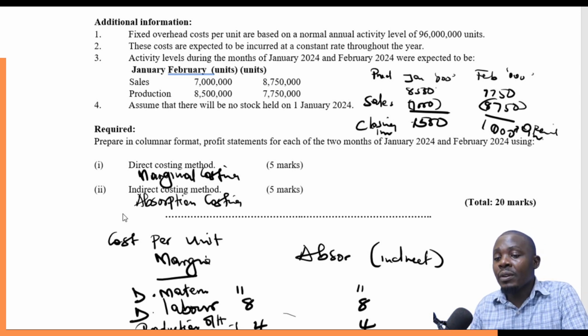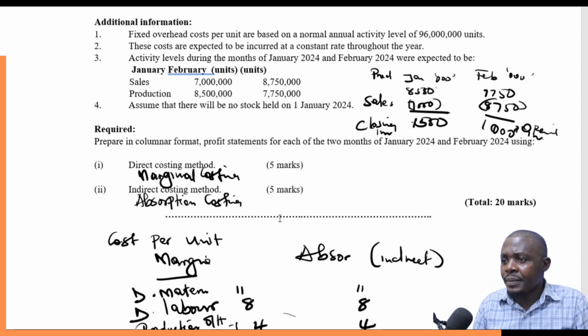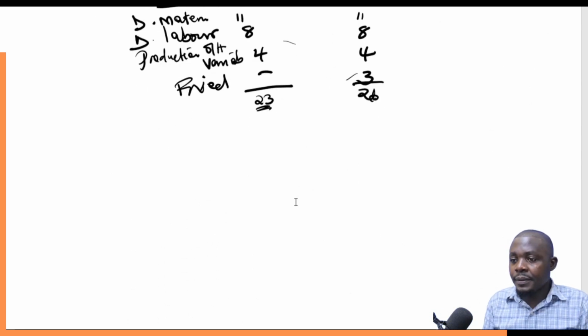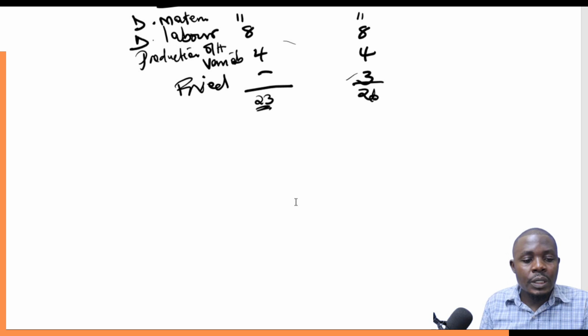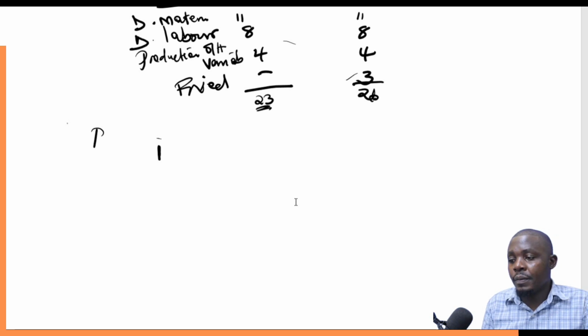Now in that case we have to calculate the direct costing. It is the books of Rama Limited.